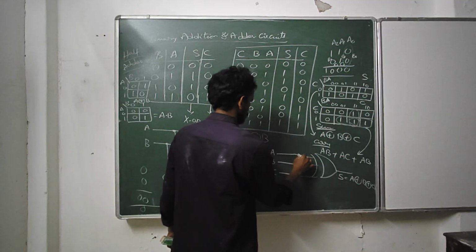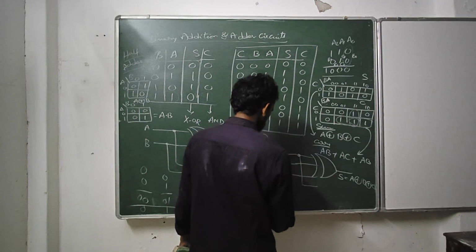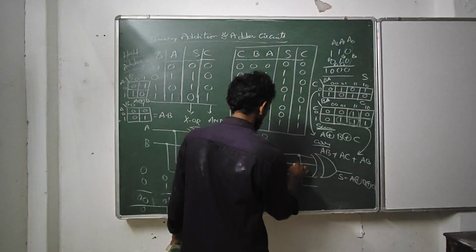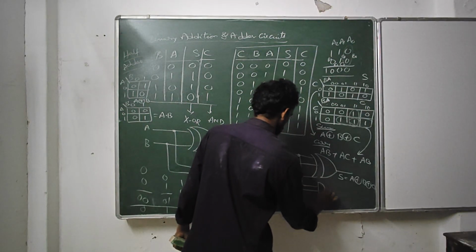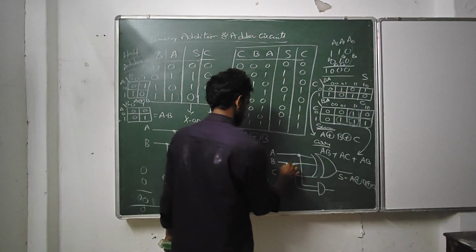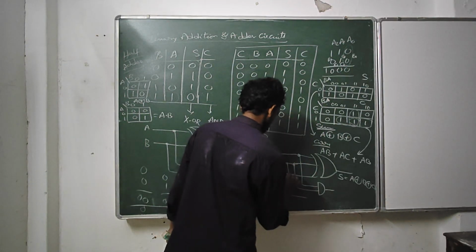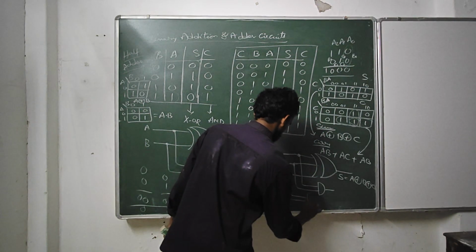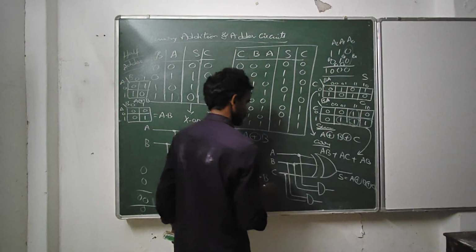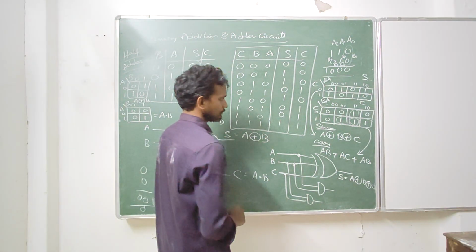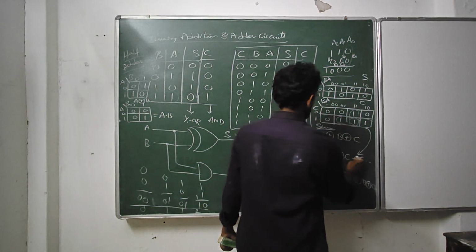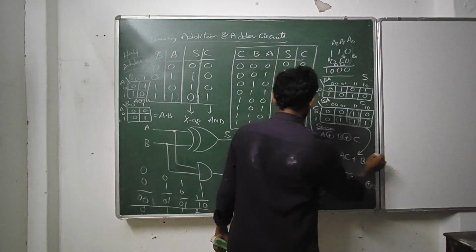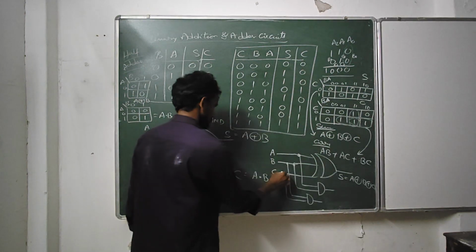And each combination, each pair will be given an AND gate: AB, BC, yeah, so BC, AB plus BC plus AC.